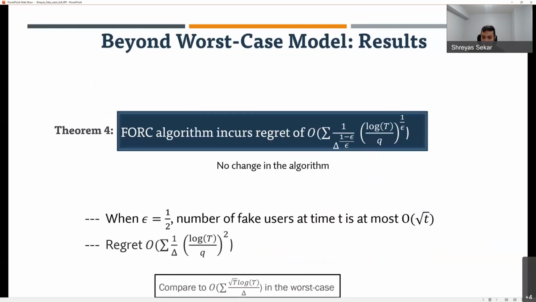In this case, my fork algorithm previously would give you the regret in the rectangle box that you see at the bottom, which would be square root t multiplied by log t. Now, with these additional assumptions, I can improve this bound to log squared t. That's a huge improvement.